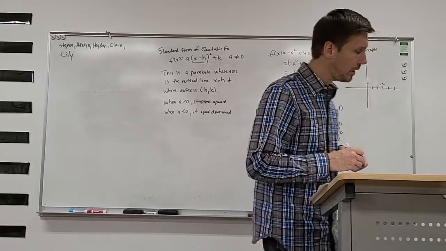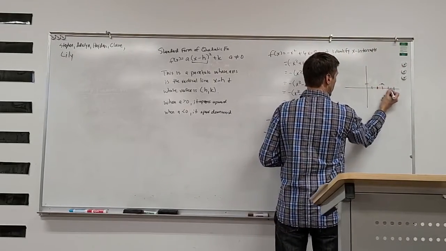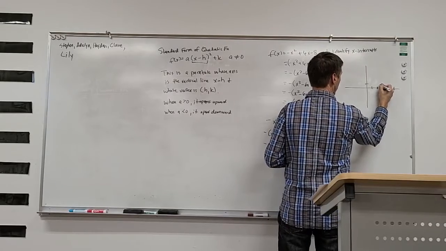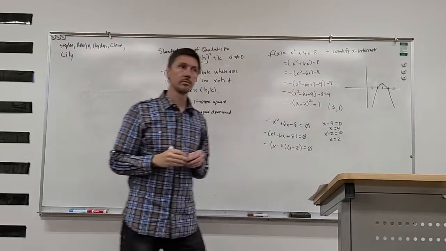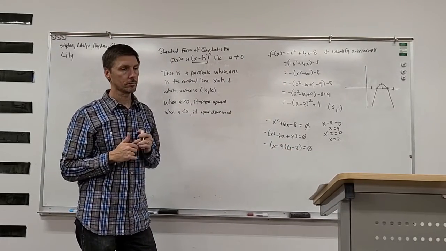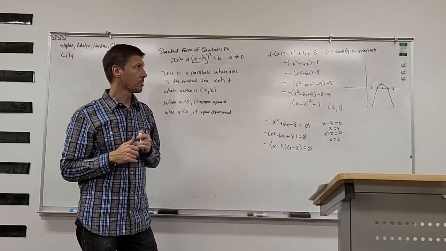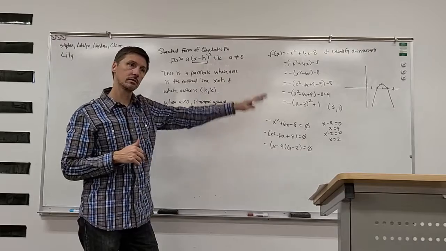So those will be our x-intercepts. So x equals 2 here, and x equals 4 here, so our graph is going to look like that. Did I lose anybody in this process? Everybody track it with me.